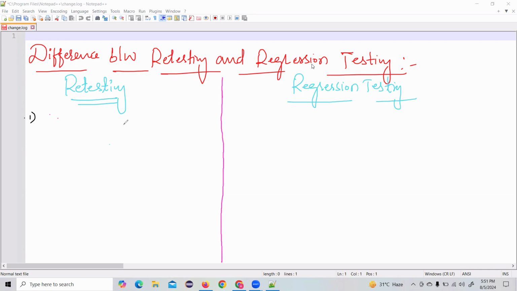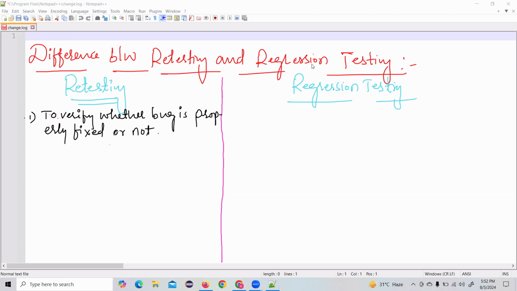To verify whether the bug is properly fixed or not. So can I write here? To verify whether bug is properly fixed or not. Then why do we do regression?